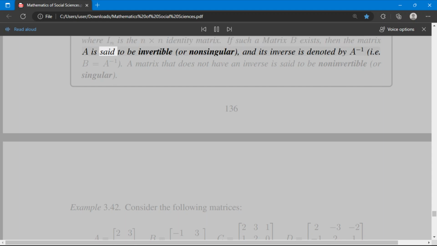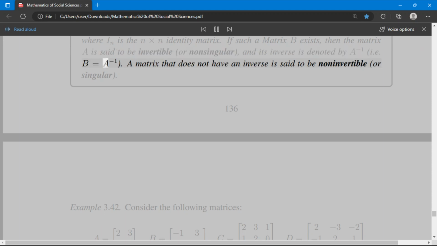If such a matrix B exists, then the matrix A is said to be invertible, or non-singular, and its inverse is denoted by A^-1, i.e. B equals A^-1. A matrix that does not have an inverse is said to be non-invertible, or singular.